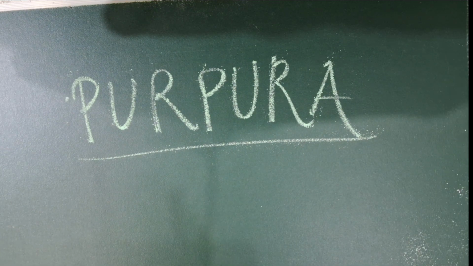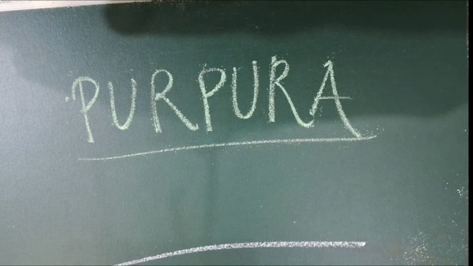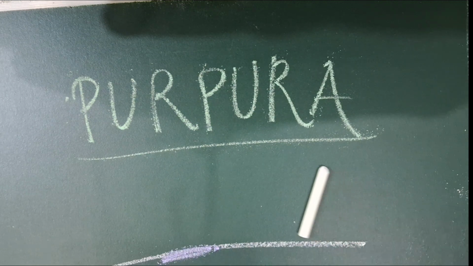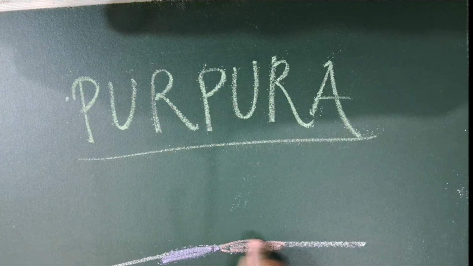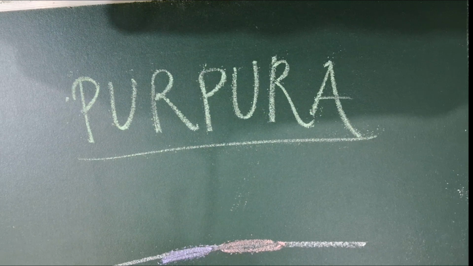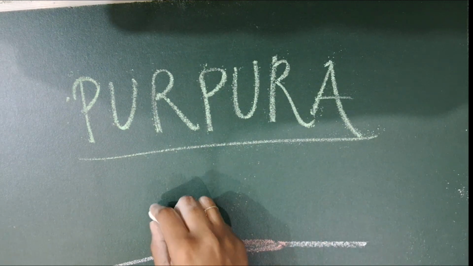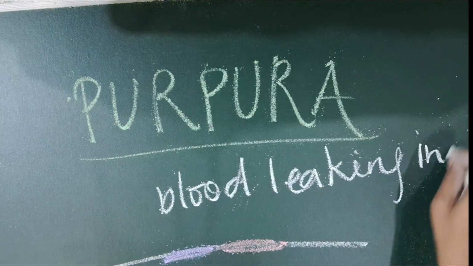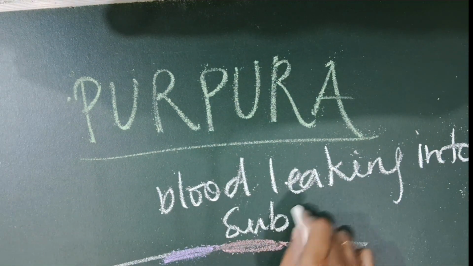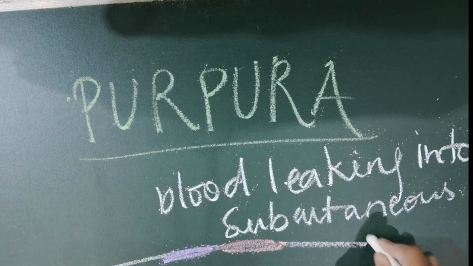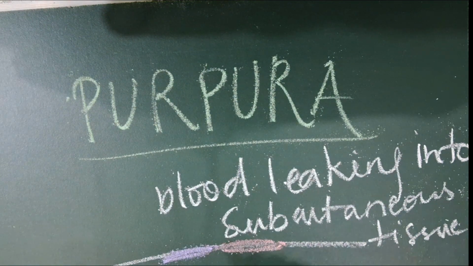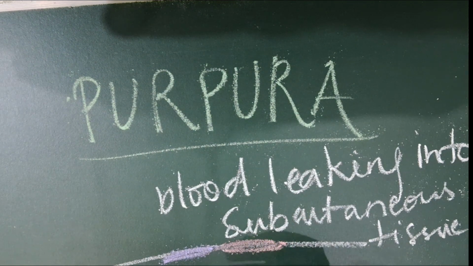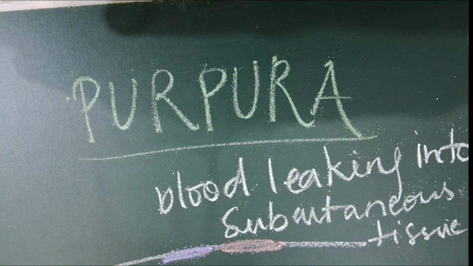They are reddish purple flat lesions caused by blood leaking into the subcutaneous tissue, which lies beneath the dermis. Blood from the capillaries is leaking out into the subcutaneous tissue.